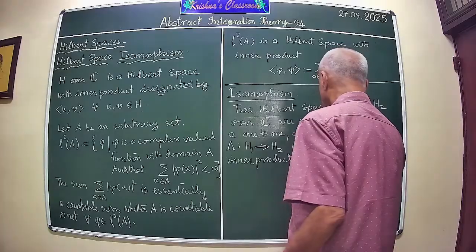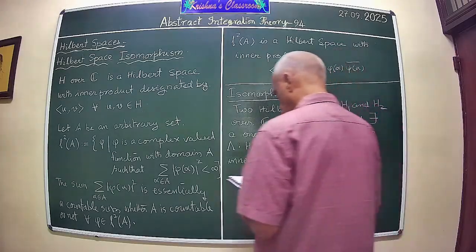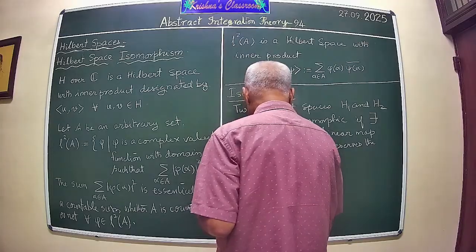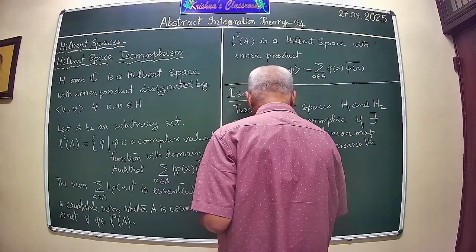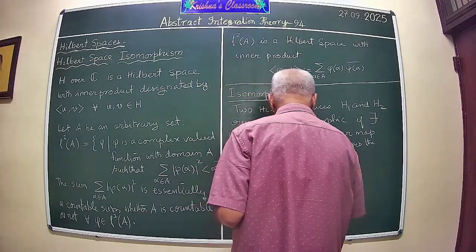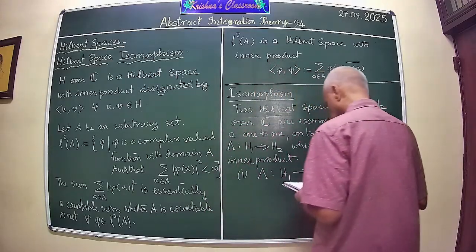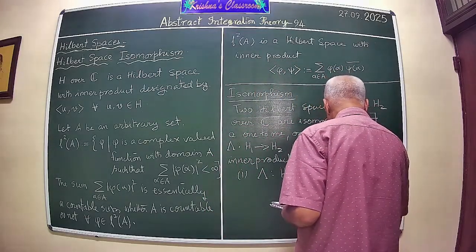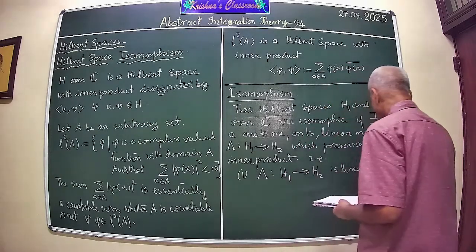That is, one, lambda from H1 to H2 is a linear bijection.